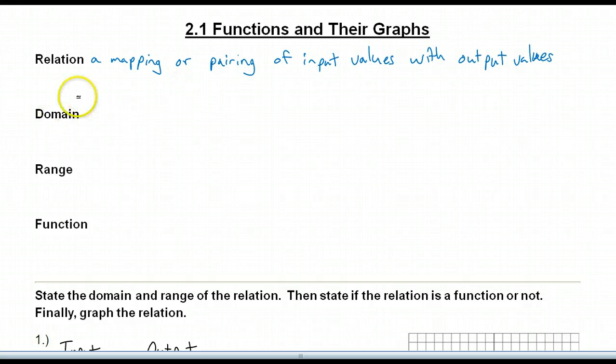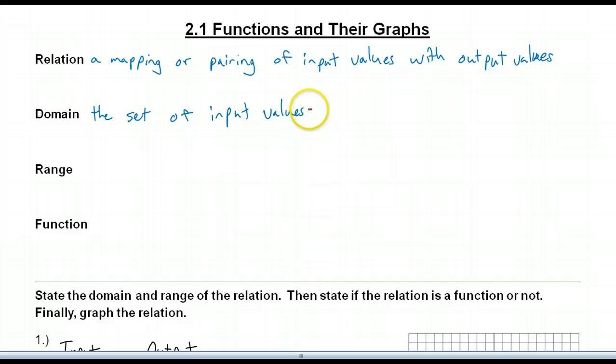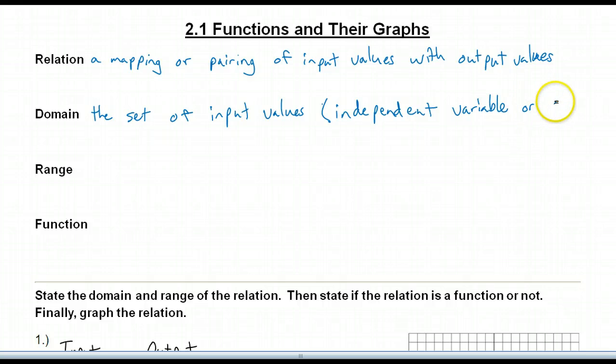A domain is the set of input values. The domain is also called the independent variable, or X. The range is the set of output values.